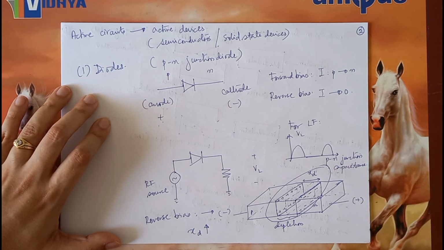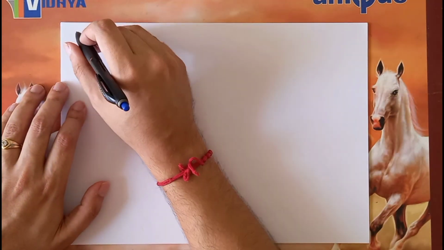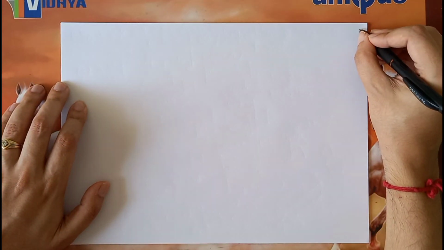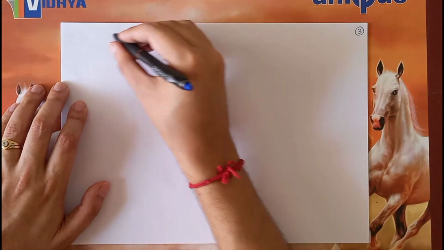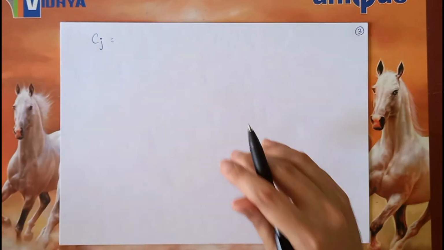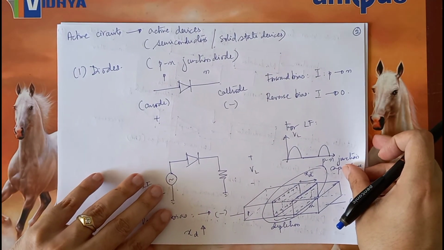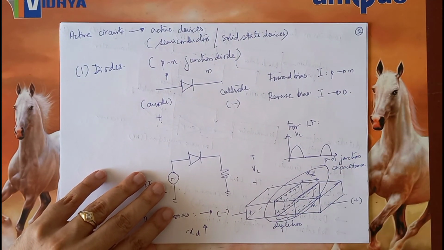PN junction capacitance. So effectively, this junction capacitance, also called Cj, will be a function of the size of this depletion region.